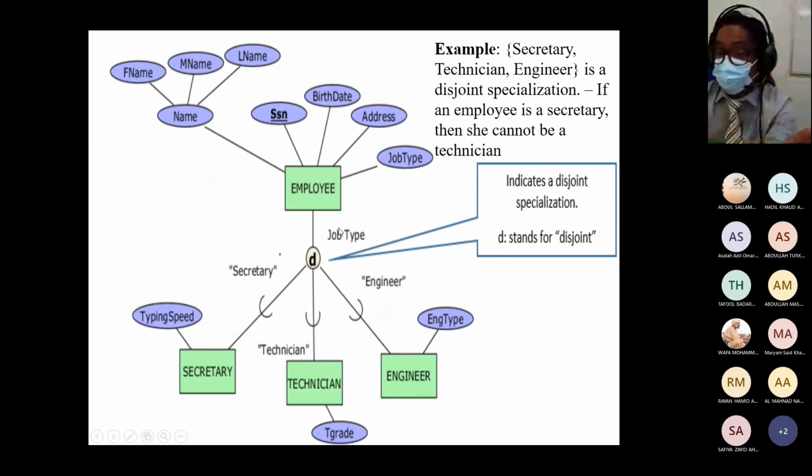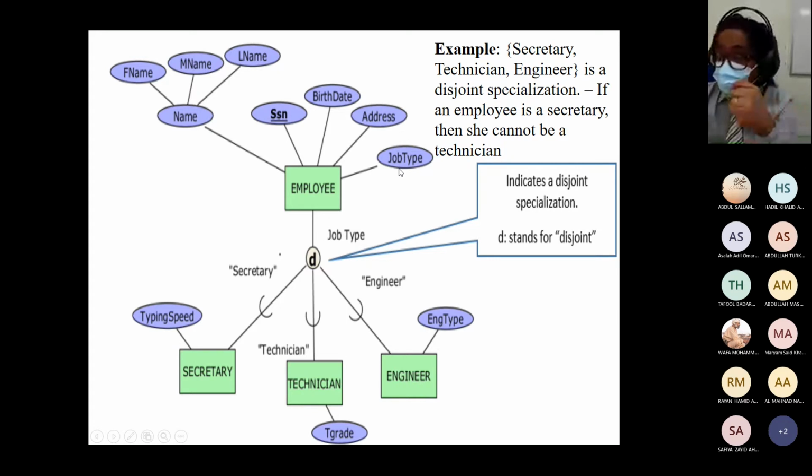We're talking about constraint. We have identified the specialization. We have identified that those attributes from the upper class will be common to all of these specific specializations of subclass. Secretary, technician, and engineer have all of these: name, SSN, birth date, address, job type.